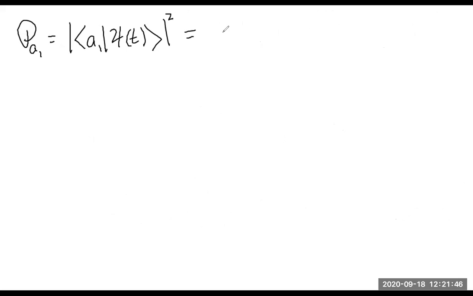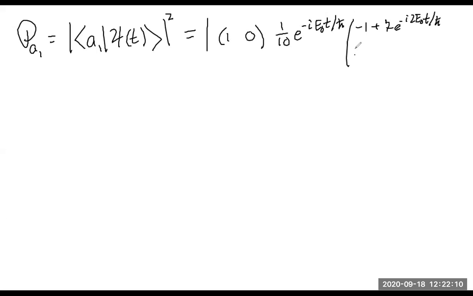So this is equal to the absolute value of A1, which is 1, 0, times 1/10 e to the minus i E naught time over h bar, times my minus 1 plus 7 e to the minus i 2 E naught time over h bar, plus 1 plus 7 e to the minus i 2 E naught time over h bar, this whole quantity squared. I say, well, that's nice. This is going to be fairly straightforward.